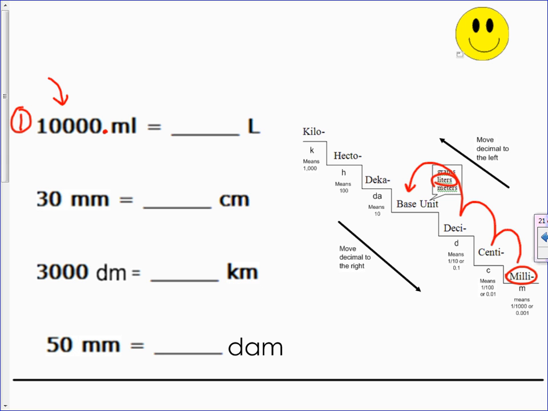And when we went through our stairs, we went up 3 steps to the left. So same thing here. You're going to go 3 spaces to the left: 1, 2, 3. Then you draw your new decimal point. So 10,000 milliliters equals 10 liters. And you don't have to write the 0.000 unless you really want to, but I'm not going to require that.